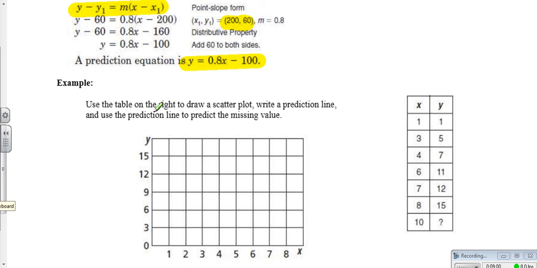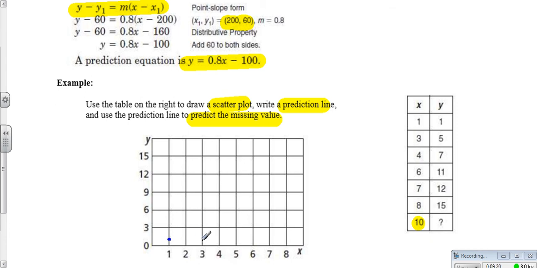Okay, so use the table on the right to draw a scatter plot, write a prediction line, and then use the prediction line to predict the missing value, which is 10. Alright, so based on what we've done here, let's plot our information. We have 1 and 1. So approximately there.